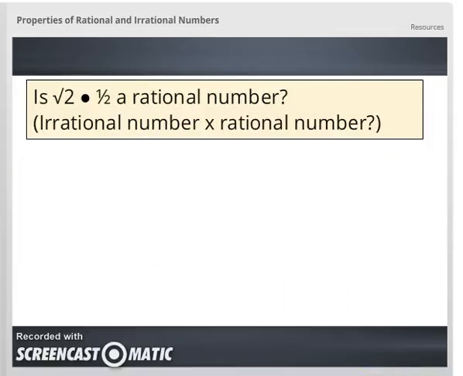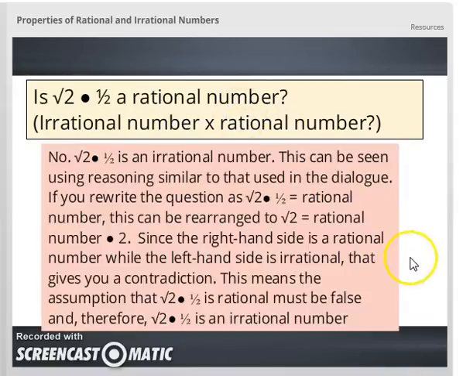What about the square root of 2 times 1/2? Is that rational? No. The square root of 2 times 1/2 is an irrational number. This can be seen using reasoning similar to that used in the previous dialogue. If you rewrite the question as the square root of 2 times 1/2 equals a rational number, this can be rearranged to the square root of 2 equals a rational number times 2.